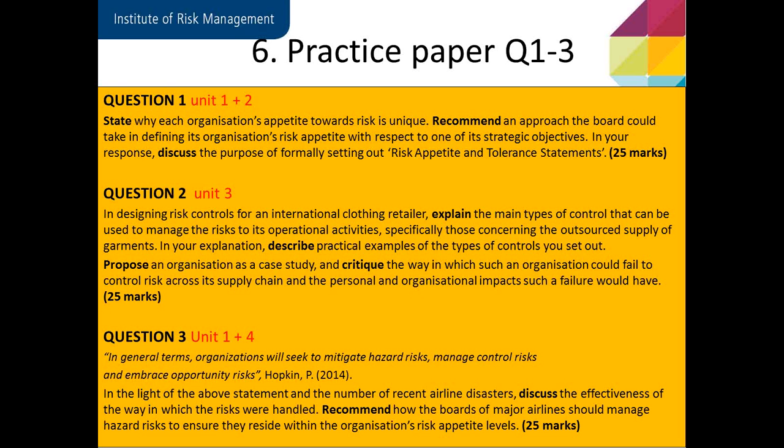So that in a way is Part B. Part C, discuss the purpose of formally setting out a risk appetite and tolerance table. So you've got, with your command verbs, a nice easy way to structure your question. So give yourself lots of space between each of them.